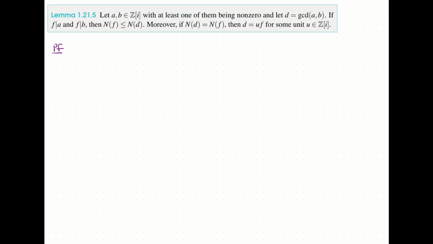So here is the argument. We're going to apply Bezout's lemma. By Bezout's lemma, there exist Gaussian integers x and y such that ax plus by is equal to d.